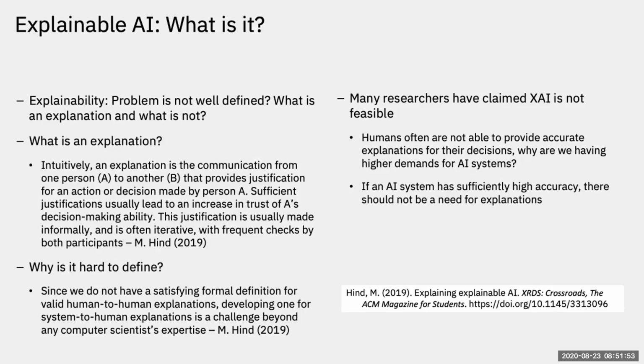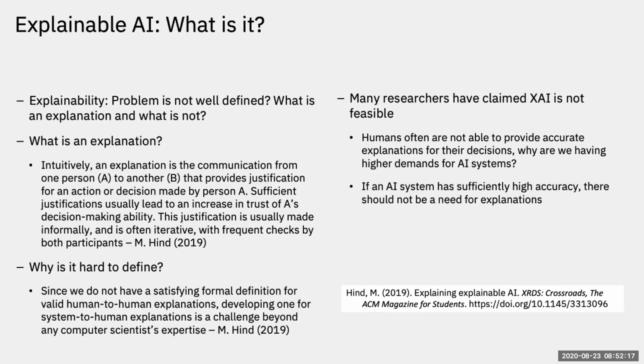Sufficient justifications usually lead to increased trust of A's decision-making ability by B. The justification is usually made informally and is often iterative, with frequent checks by both participants.